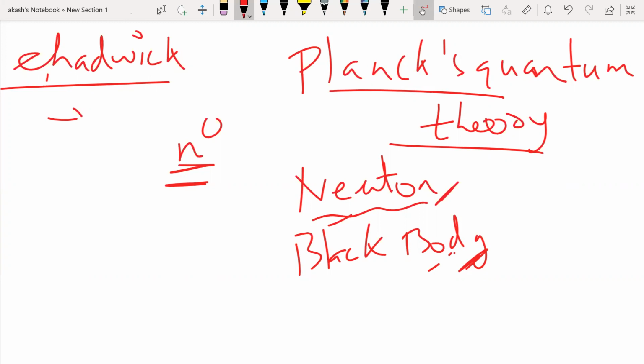What Planck said is that black bodies are capable of absorbing values of energy, but not from 0 to infinity.